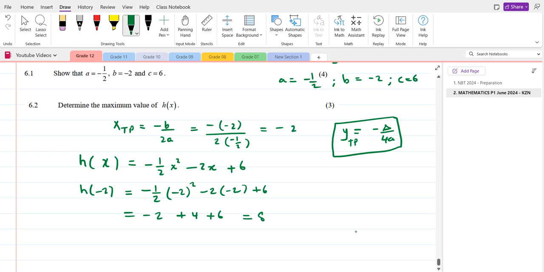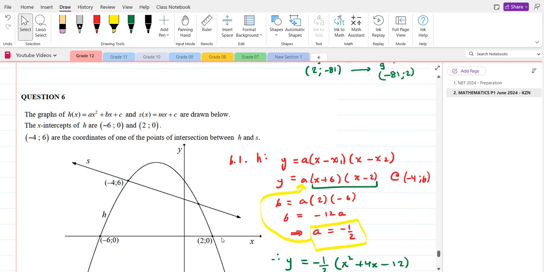So we have 8. Therefore, max value is equal to 8. I hope you guys understand. Max value is 8.